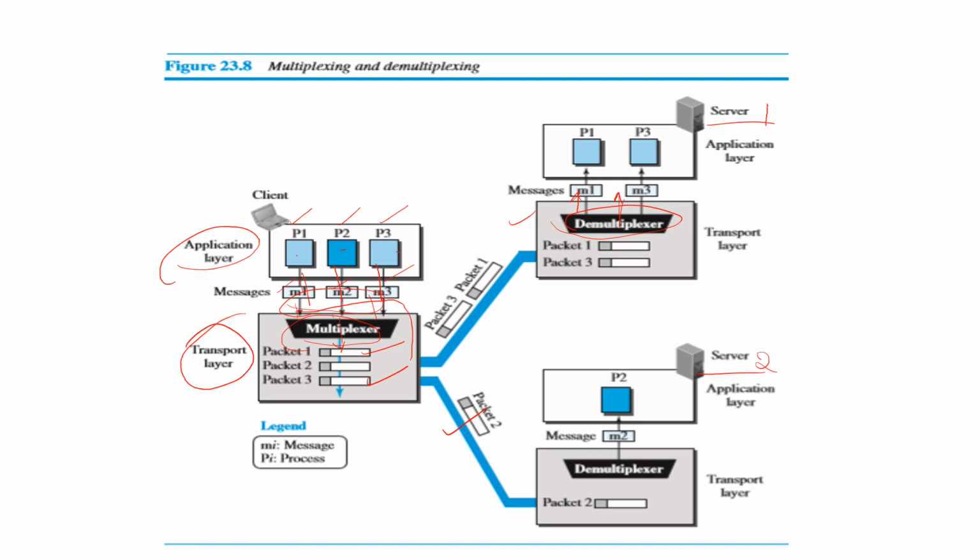In the demultiplexing process, you can see that packets 1 and 3 are distributed to processes 1 and 3 of the application layer, and similarly packet 2 will be received, demultiplexed, and sent to the application layer of server 2.